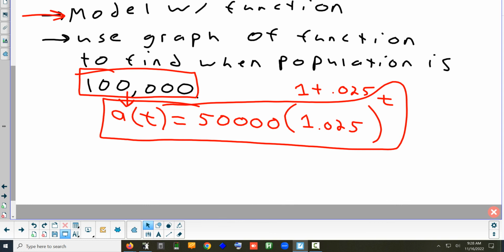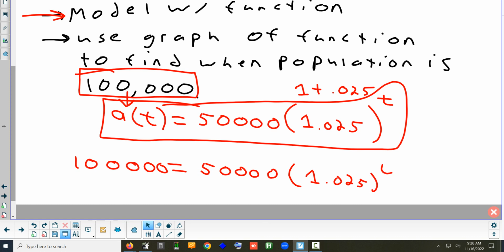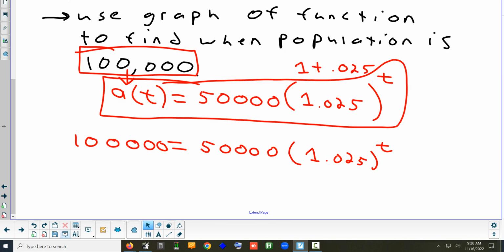So we're going to change that left-hand side to 100,000. We want to know when 100,000 equals 50,000 times 1.025 to the t. And at this point, I'm going to use the calculator to figure it out.